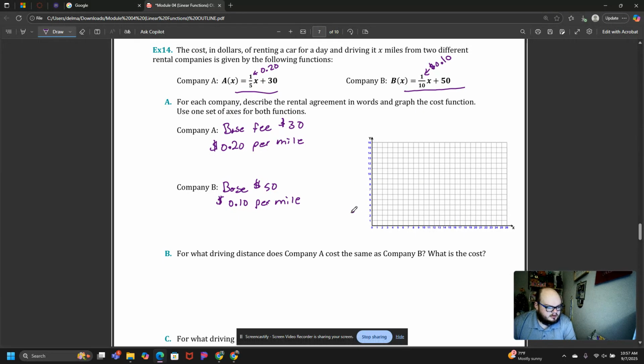So let's say that this is $30, the 3 is 30, and my 5 is 50. Okay, that keeps it pretty okay, I'd say. And then what? These are always hard to graph in my mind.